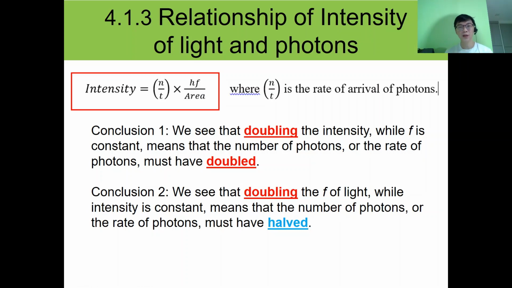A third point is that when Cambridge says I double the intensity, especially when they don't say that f is constant, you have to realize that most of the time Cambridge is making the assumption that frequency is constant. That means they are only doubling the number of photons that are arriving.